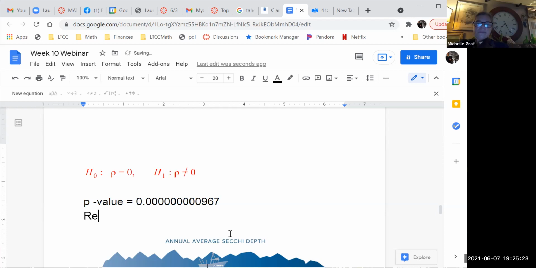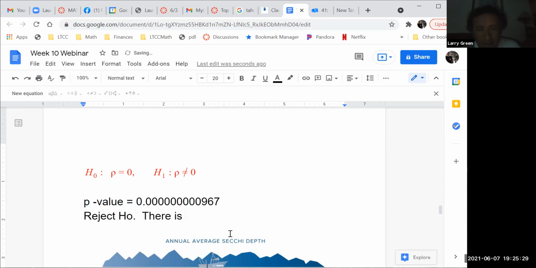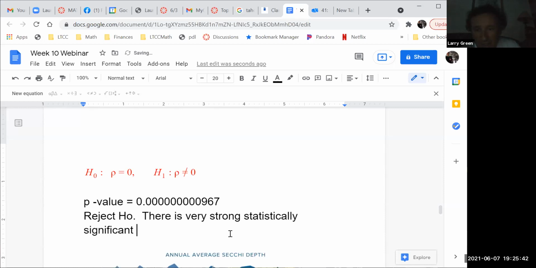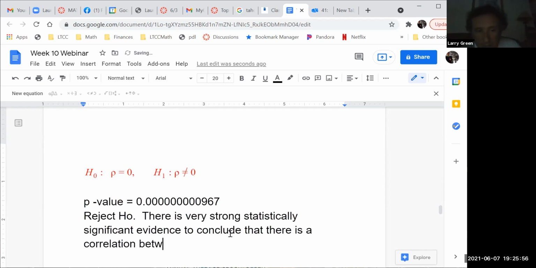Yeah, so we reject H naught. So there is, I'm going to write very strong, statistically significant. Basically, I can brag because it's such a small p-value. Evidence to conclude that there is a correlation between the year and the depth of clarity.